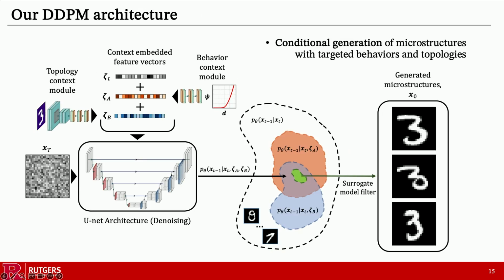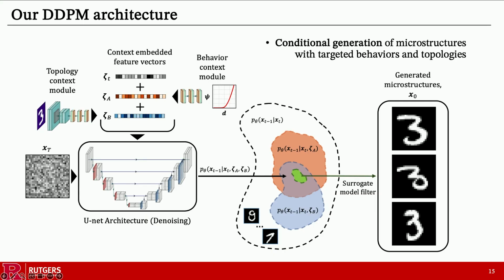Okay, we train a conditional DDPM model. Our model is tasked to start from random noise and embed target energy functionals or target topologies. Pretty much we tell it what we want the final microstructure to look like. And then hopefully it will generate samples from that union of the different contexts we are embedding.